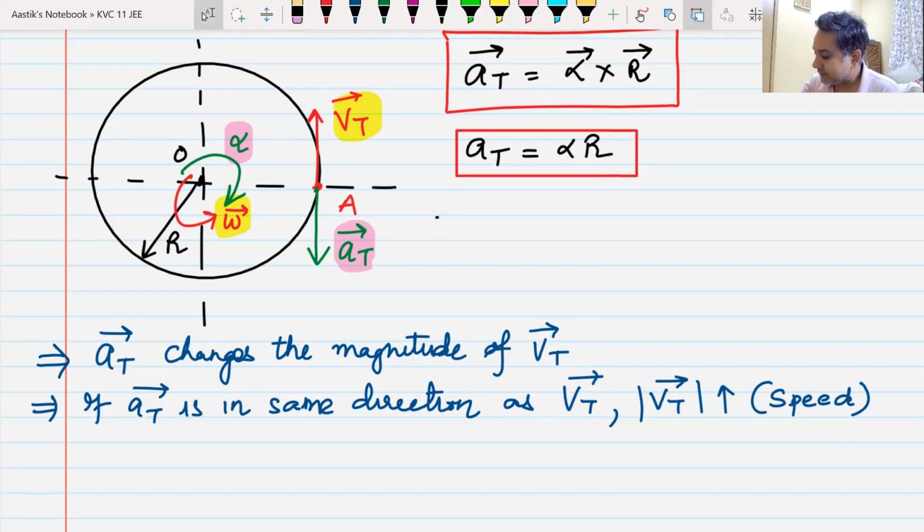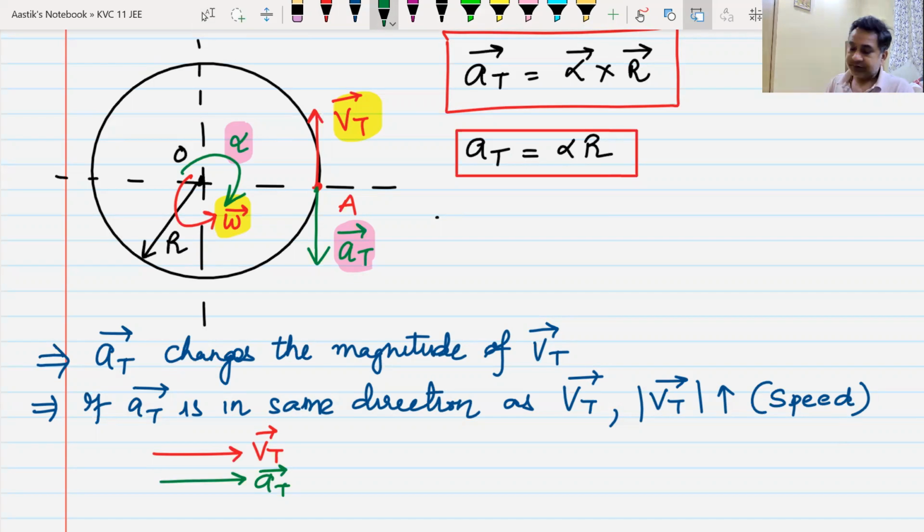What do you mean by this? If your tangential velocity is like this, and your tangential acceleration is also like this, tangential velocity will increase. Same direction, it will increase the magnitude.